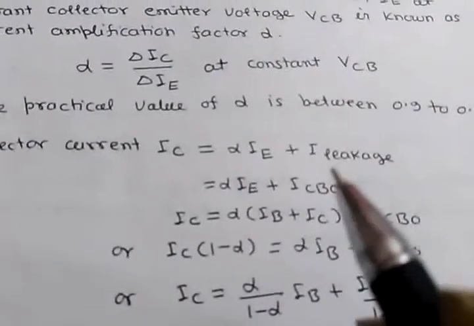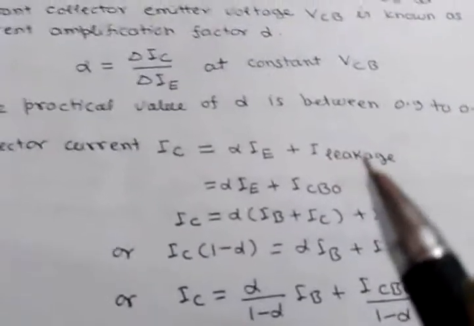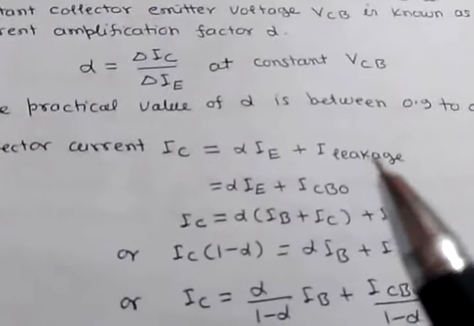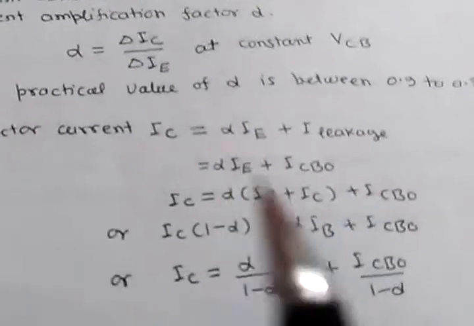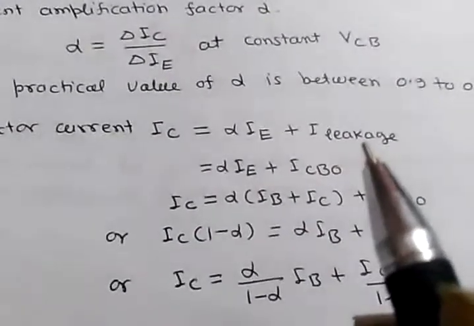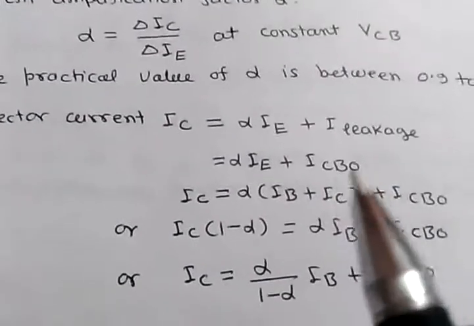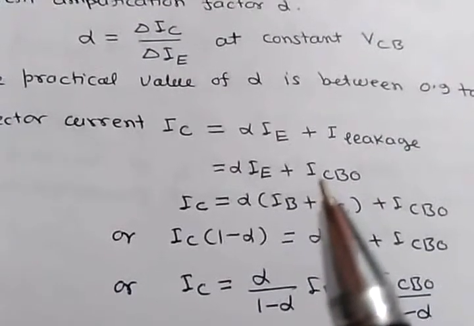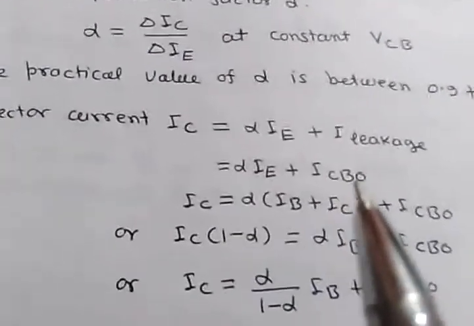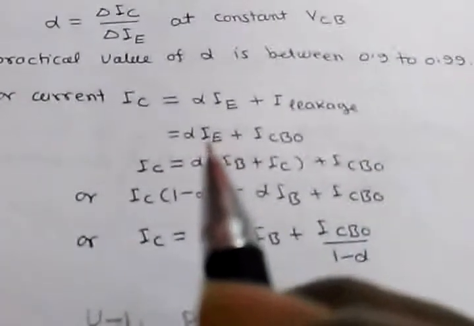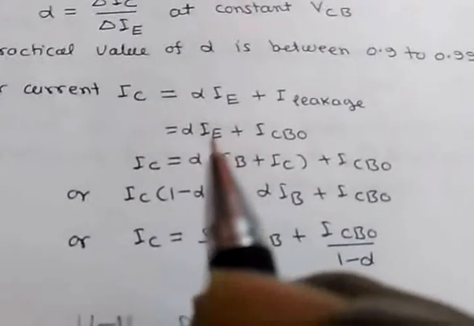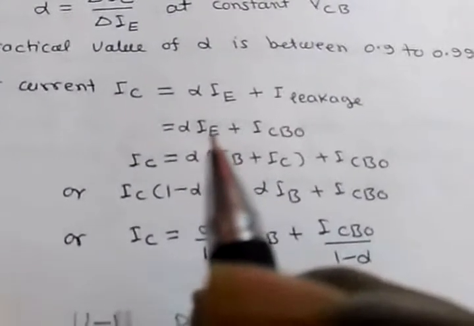This leakage current is higher in a germanium transistor in comparison to a silicon transistor. I leakage can be written as ICBO. ICBO represents the collector to base current when the emitter is open. We already know the emitter current IE equals base current IB plus collector current IC.